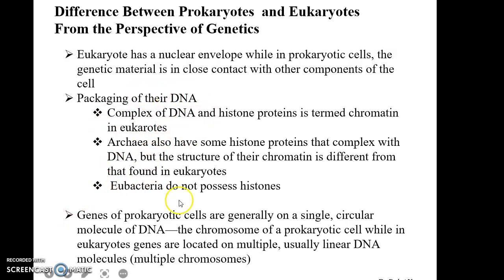Another difference is the number of chromosomes. Genes of prokaryotic cells are generally on a single cellular molecule of DNA, which is known as the chromosome of prokaryotic cells, while in eukaryotes, genes are located on multiple, usually linear DNA molecules, known as multiple chromosomes.